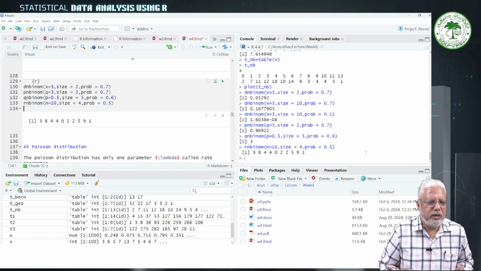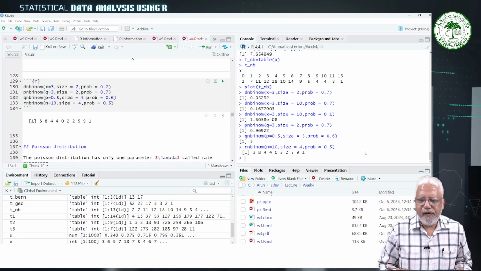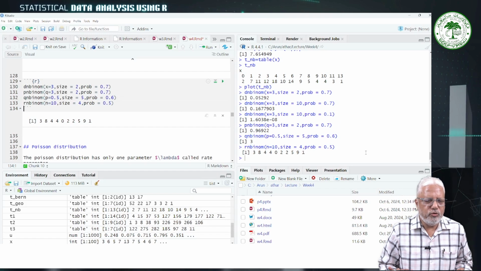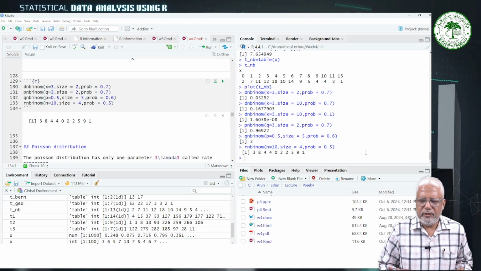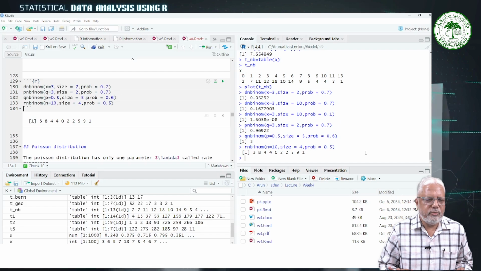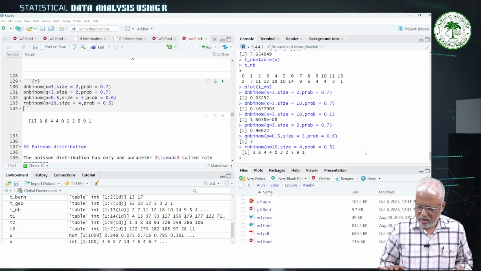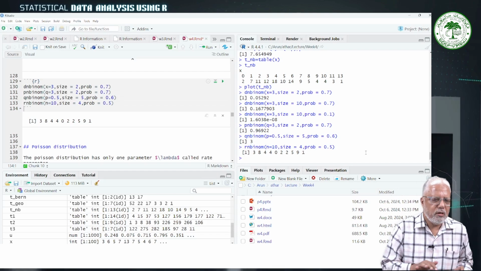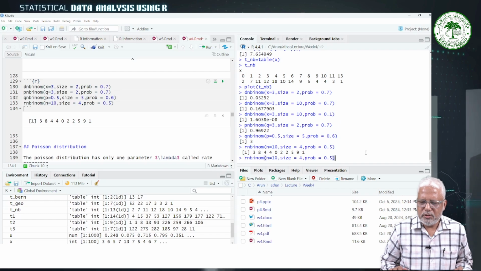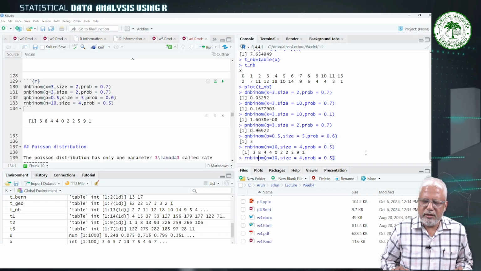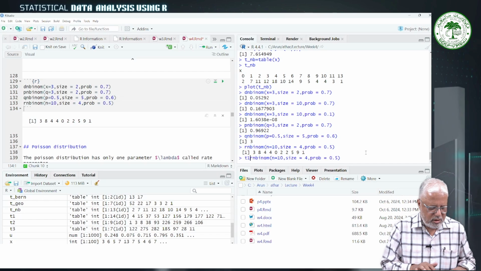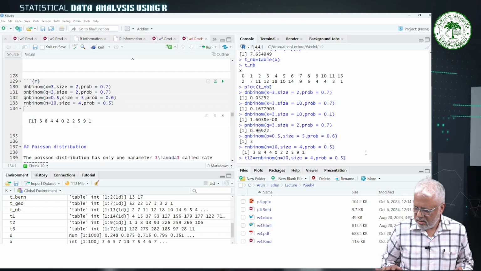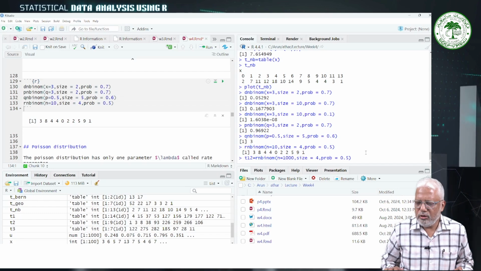And rnbinom with size equal to 4 and prob equal to this value. So these are the 10 random observations. Suppose we assign this to, say, T12, and here we are having 1000 observations.